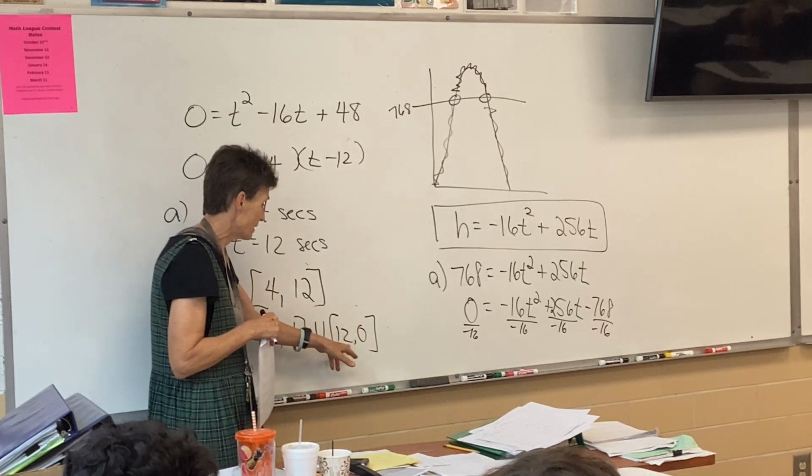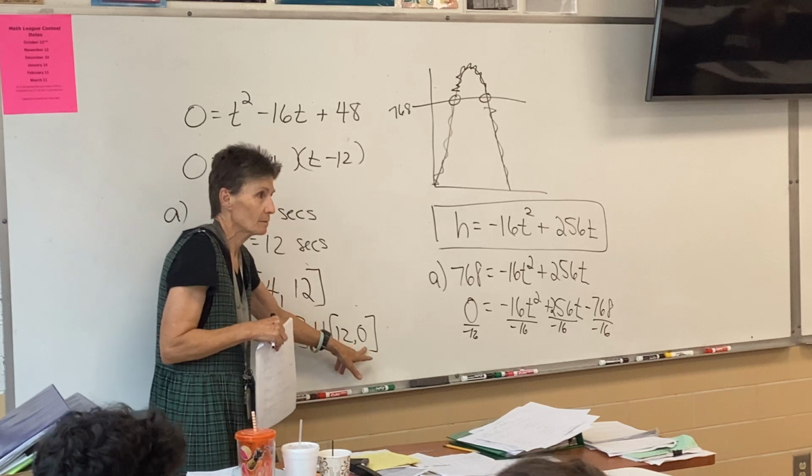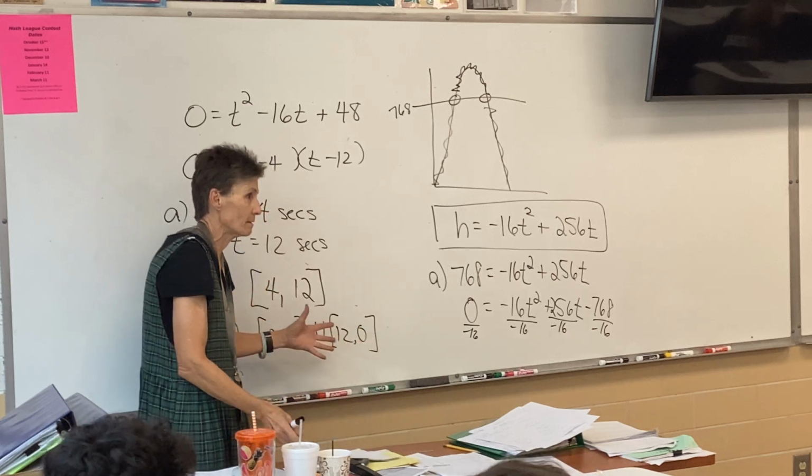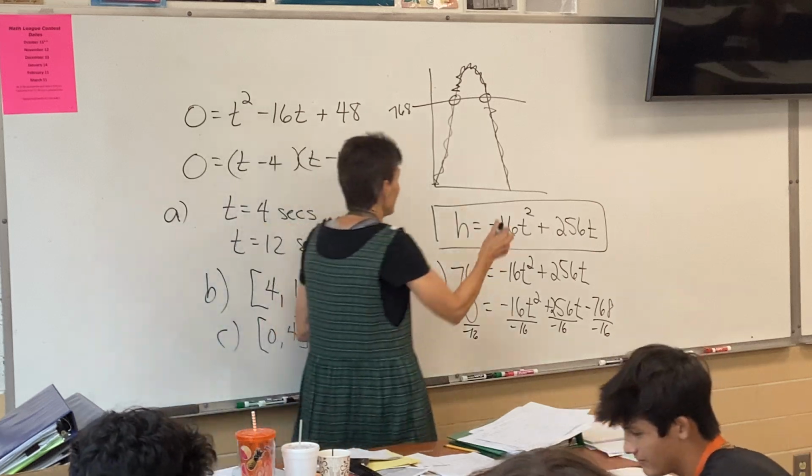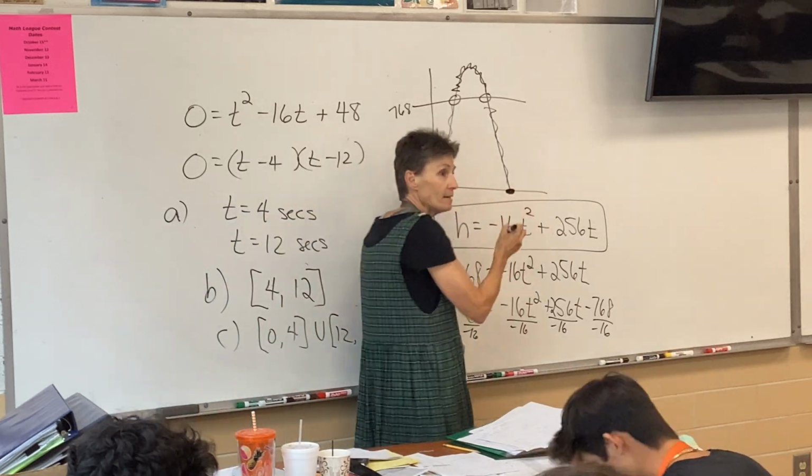It can't go underground. This has to be 12 to a bigger number. This is like a number line. So it can't be 0.